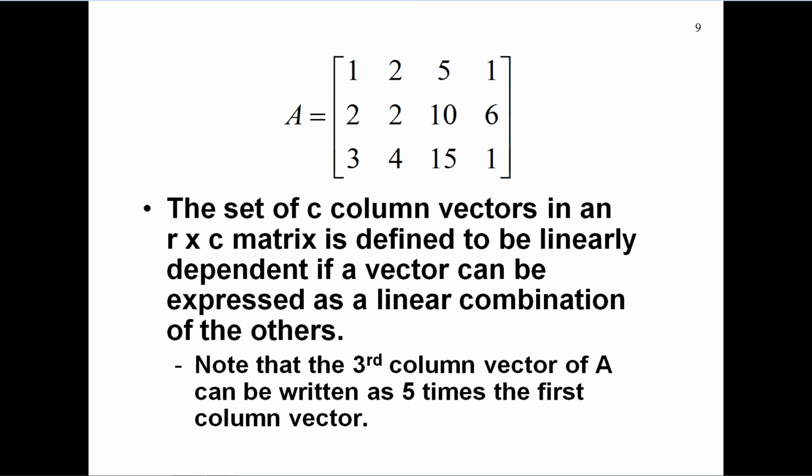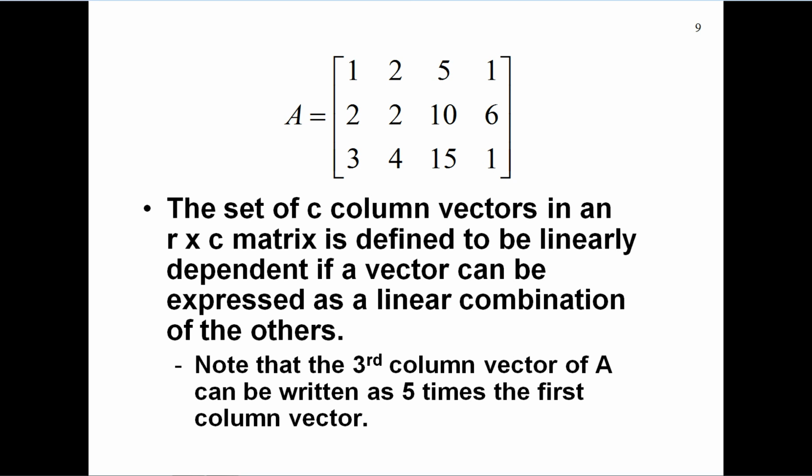We talk about vectors being linearly dependent or linearly independent. And it's going to be very important for us to be able to ascertain whether or not a data matrix that we have, for example, when we deal with multiple linear regression models, consists of independent column and row vectors.